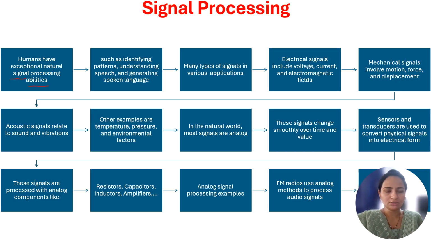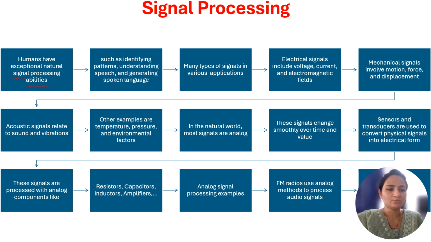Similarly, if we look at different images, I can identify whether it is a known image of a film actor or any known person, or an unknown person. Our eyes play, and our controller, that is the brain, plays a very important role in processing a signal as well as in human nature, right? So this is a very good example of signal processing.